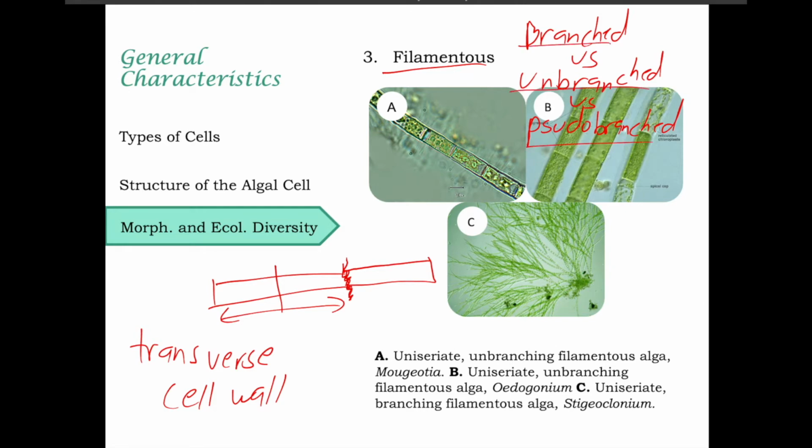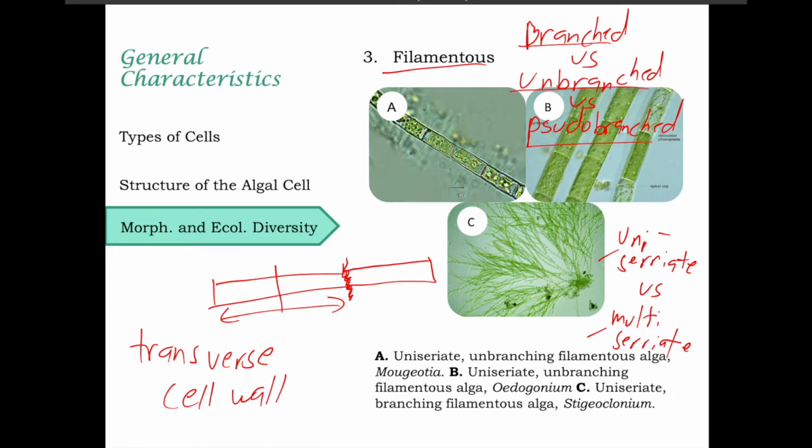We also have what we call uniseriate, and we also have the multiseriate. So let's first define this to explain more on what we mean by this. So under the filamentous algae, you can have a uniseriate or a multiseriate.